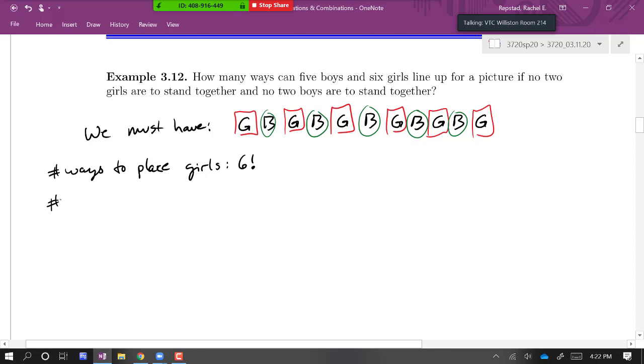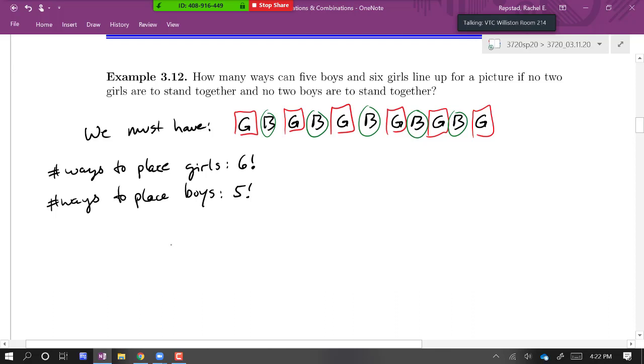The number of ways to place the boys, what should that be? 5 factorial. There are 5 boys. We just want to put them in some order. So that means there's 6 factorial ways to place the girls.